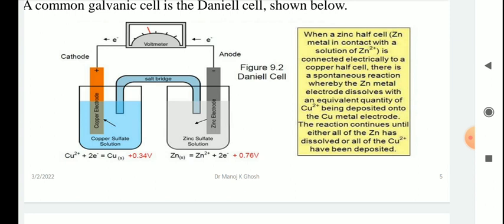For this purpose, you can use a zinc rod or zinc electrode, and for the copper electrode you can use a copper rod, and the reaction is mentioned in your slide.